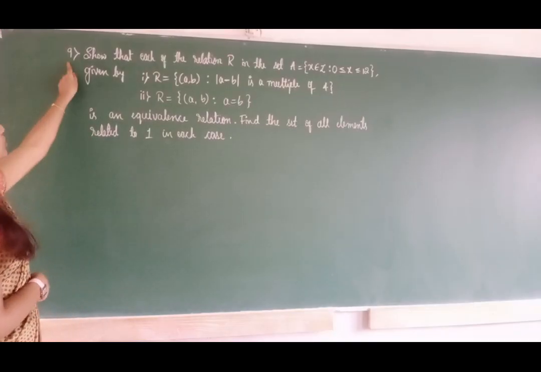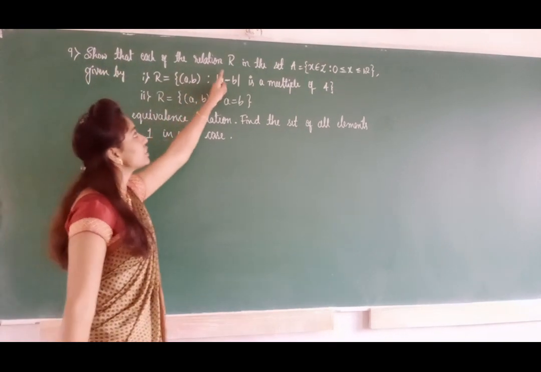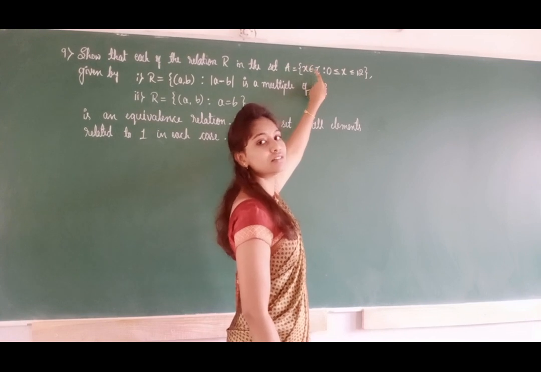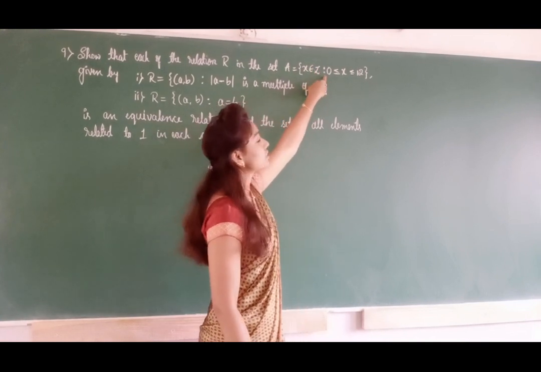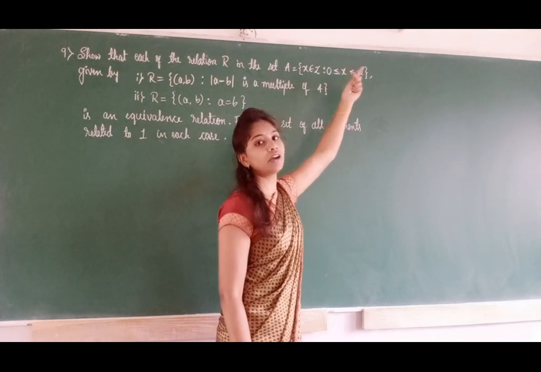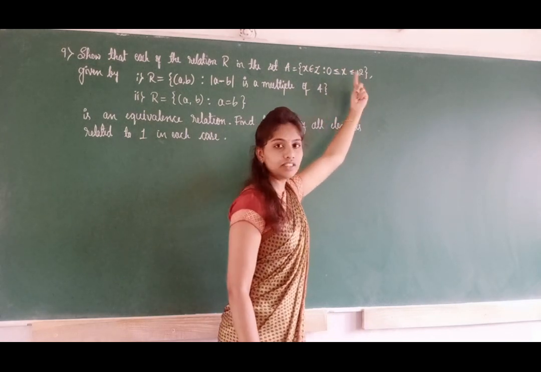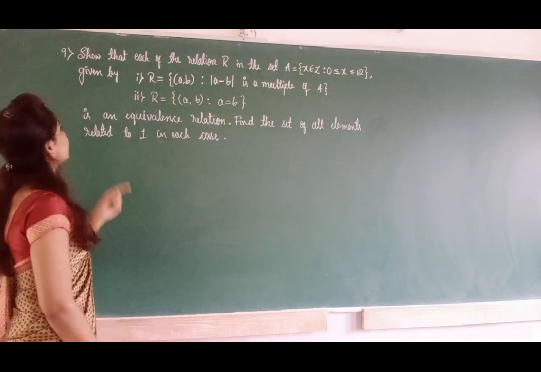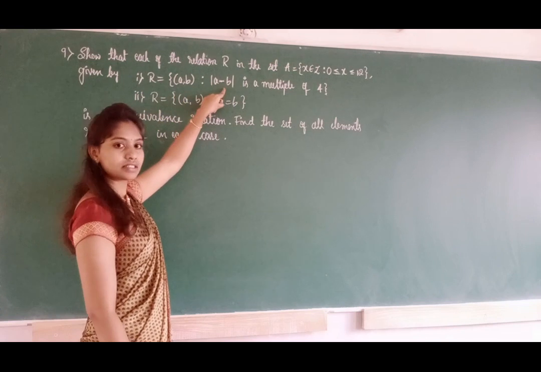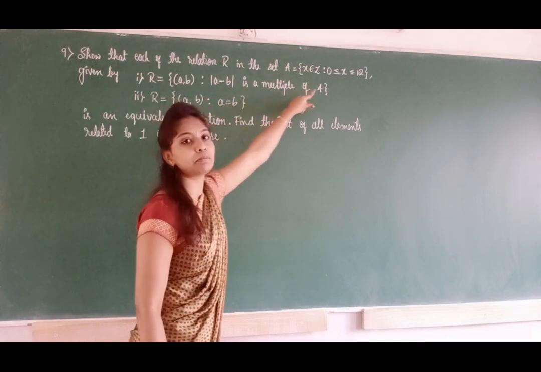And the ninth question is, show that each of the relations R in the set A is equal to the set of X belongs to Z such that X lies between 0 and 12, including 0 and including 12. The relation R is given by the set of ordered pairs A, B such that the modulus of A minus B is a multiple of 4.